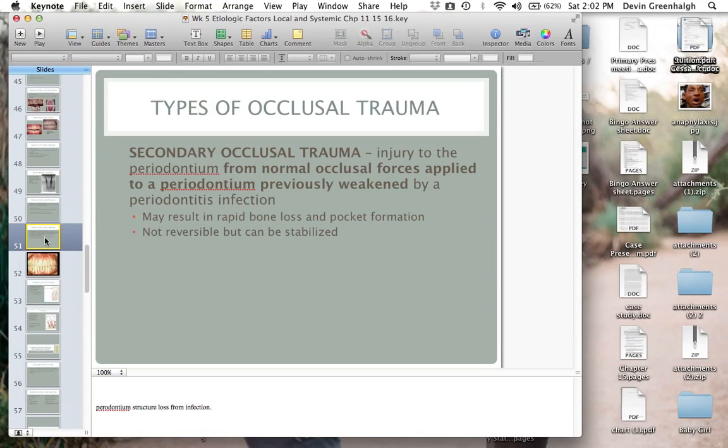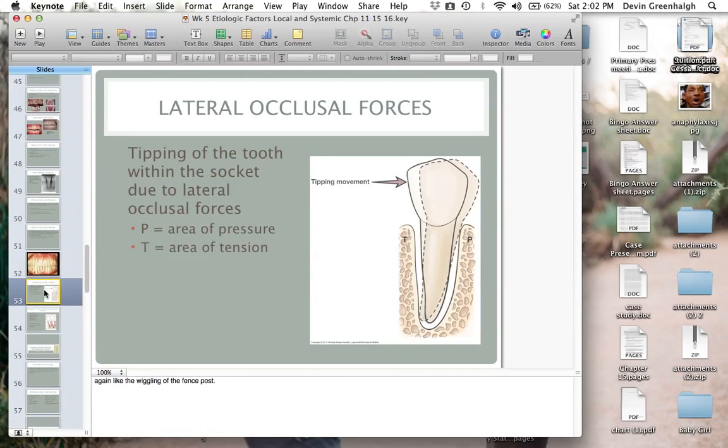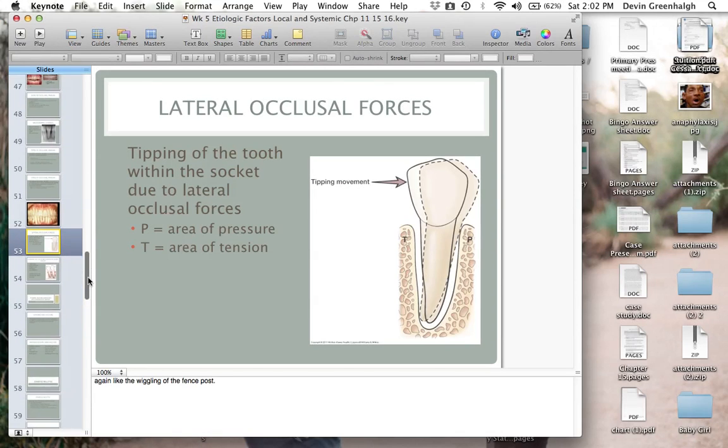You can have rapid bone loss because of this and pocket formation, and it's not reversible, but it can be stabilized. Here's a picture of secondary occlusal trauma. Lateral occlusal forces. This is the tipping of the tooth within the socket due to lateral occlusal forces.